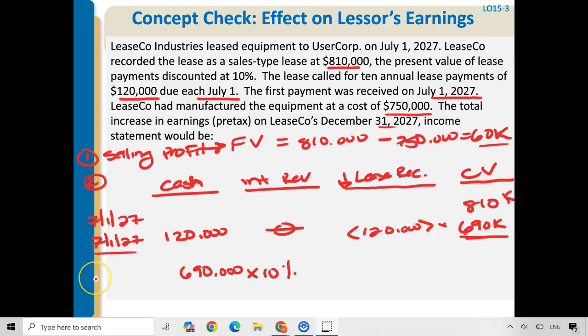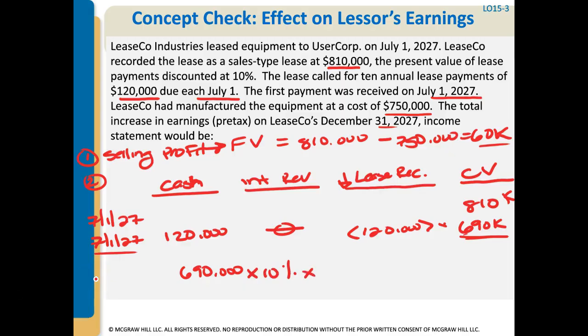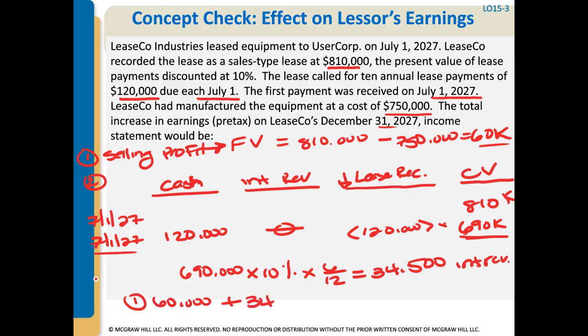However, I'm only calculating this from July 1 to December 31, which is only 6 months, so I have to divide that interest rate by 2, and that equals $34,500 of interest revenue. So what is the total increase in earnings on December 31? It's my selling profit of $60,000 plus my interest revenue of $34,500, which equals $94,500. Hope that math is right.